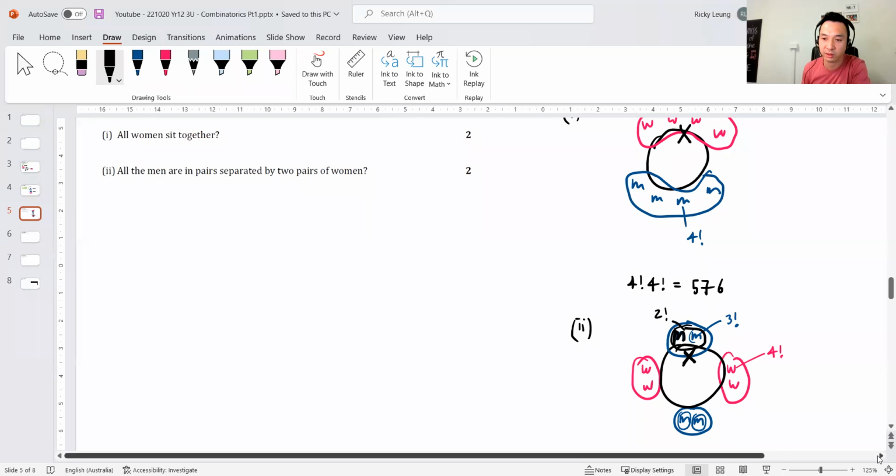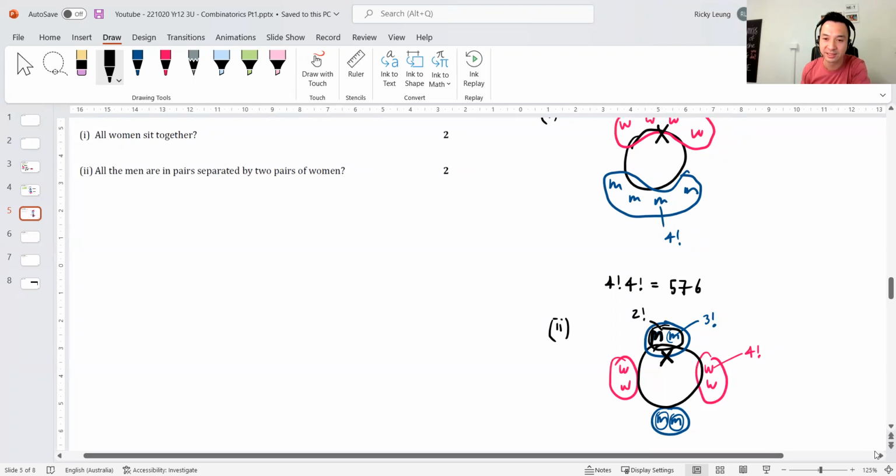So to explain it again, the first step is to construct the 2 blue and the 2 pink groups. Once you develop the groups, it's a matter of placing the first individual man, because you want him locked down. But before you lock him down, he actually has 2 choices in his group to be placed.